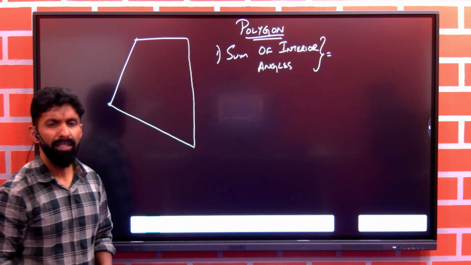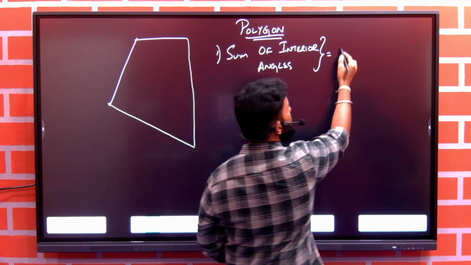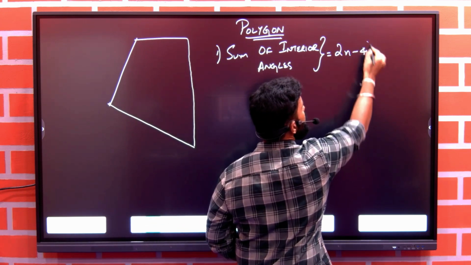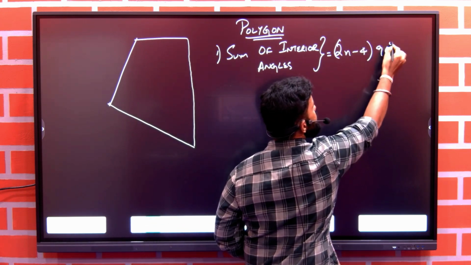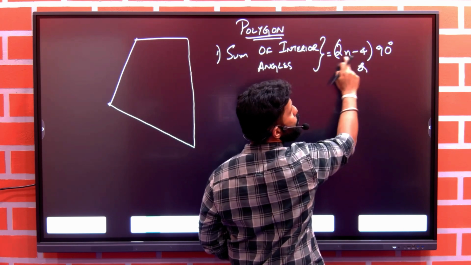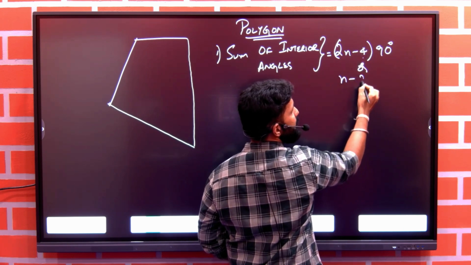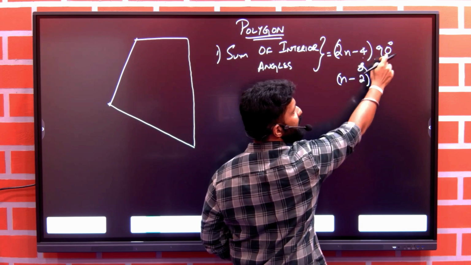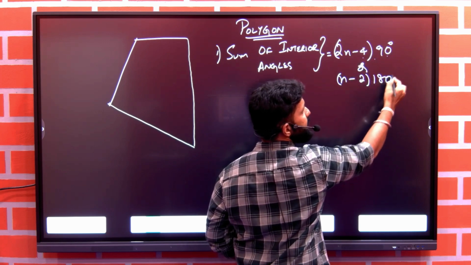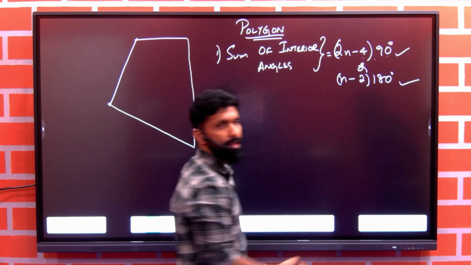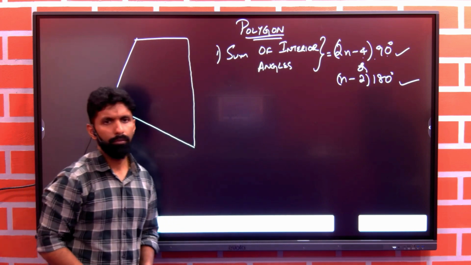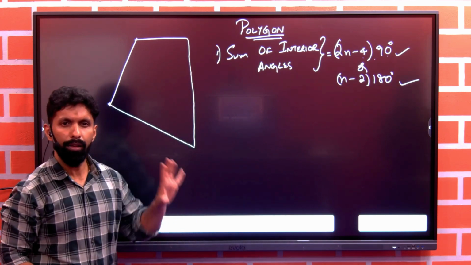Sum of interior angles is given by a simple formula, which is (2n minus 4) into 90 degrees. Or if you take 2 common from here, it becomes (n minus 2). The 2 common factor multiplied with 90 becomes 180 degrees. So whichever formula is easy for you to remember, you can just remember that formula.